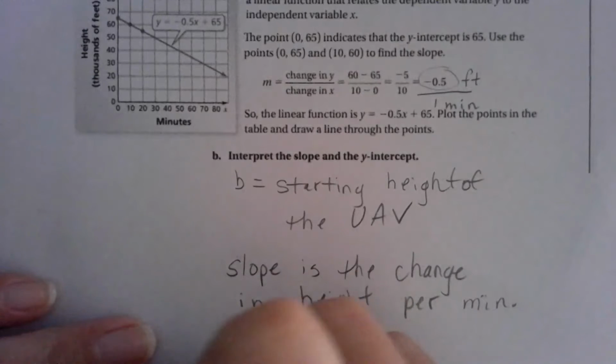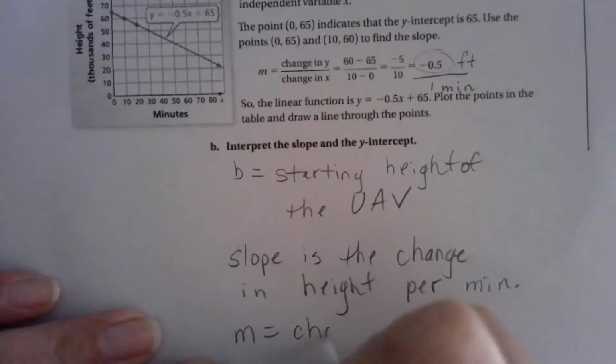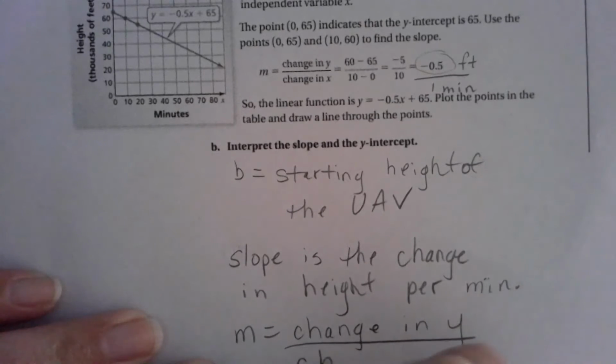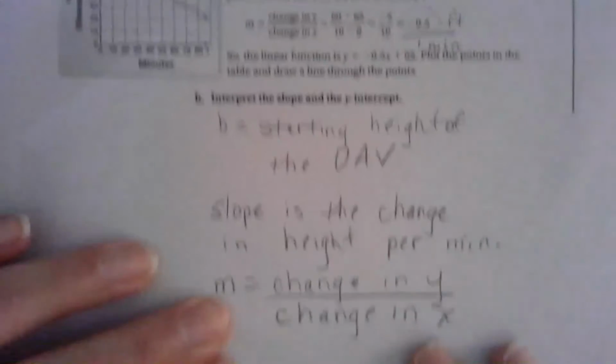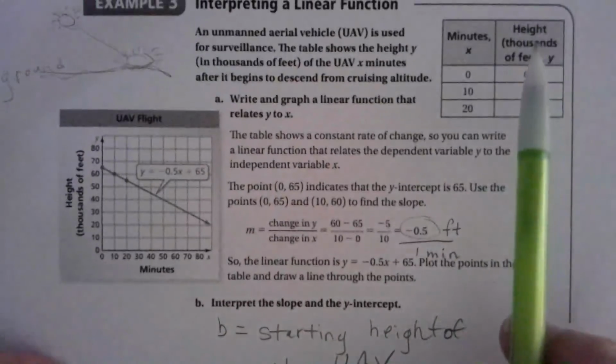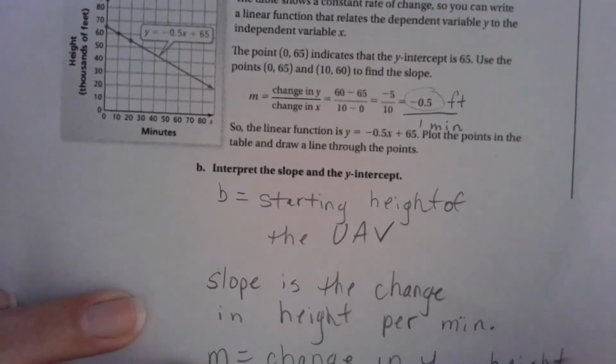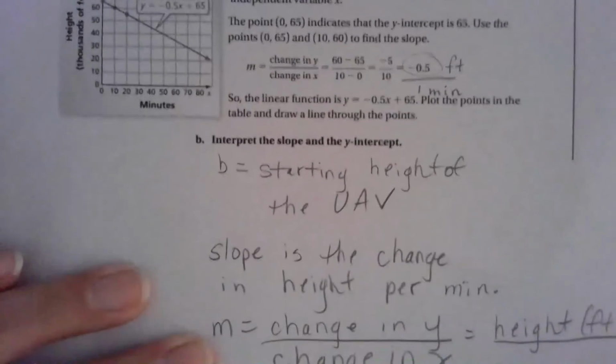Now you may ask, okay, well, how do we know that? Well, m literally is the change in y over the change in x. Yes? Yeah, we know that. Well, what is y? We are told y is the height in feet. And we are told that x is the minutes.